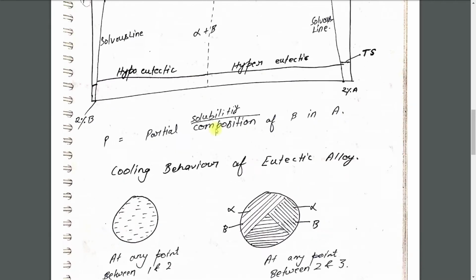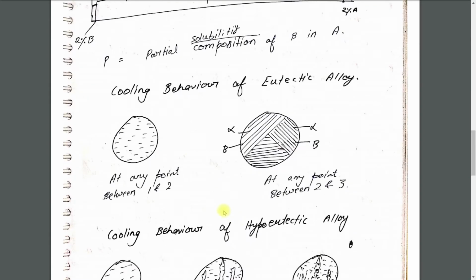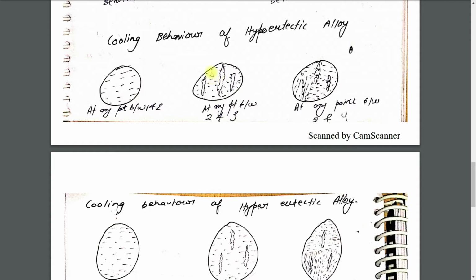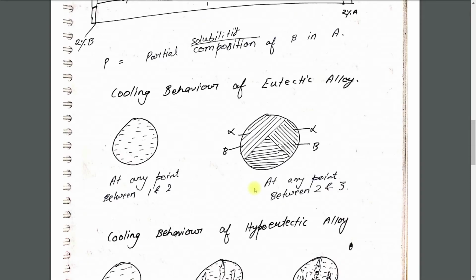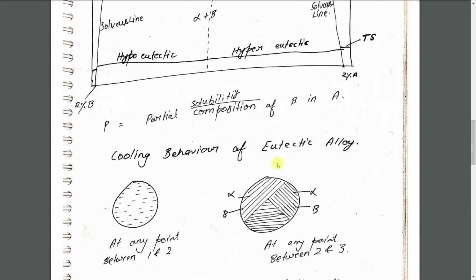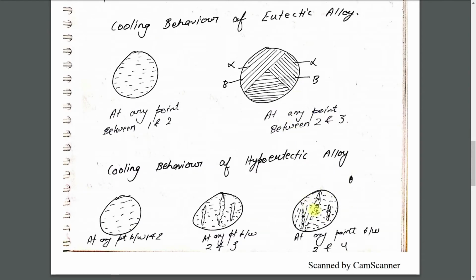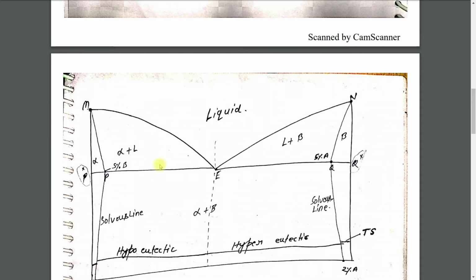In this hypo region, alpha is there, and some beta is merged in the liquid. Similarly, after solidification we get interlaminar layers. You are getting my point. So at any point between 1 and 2, 2 and 3, and 3 and 4.